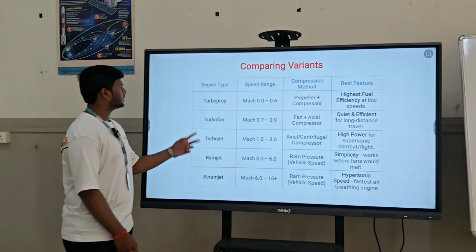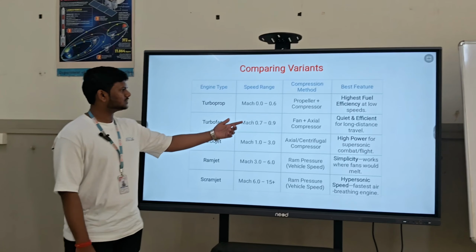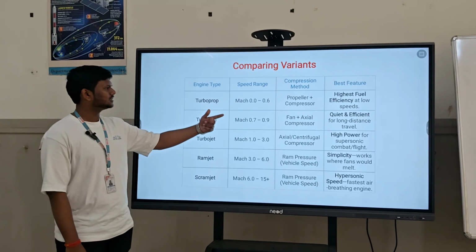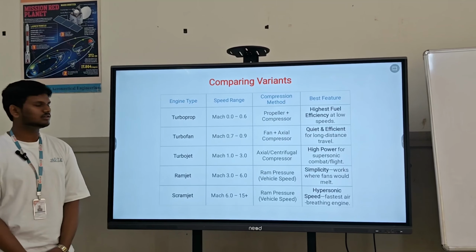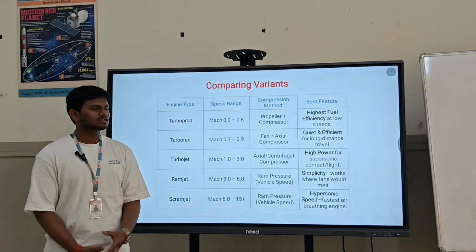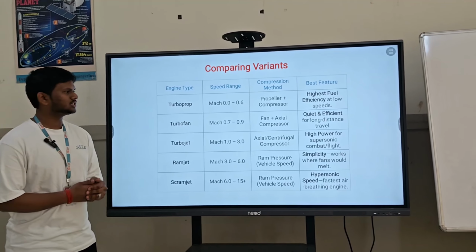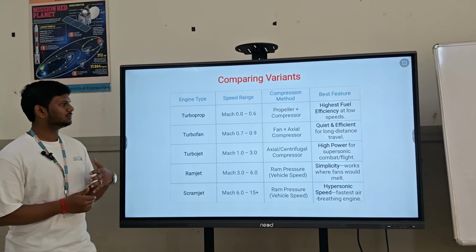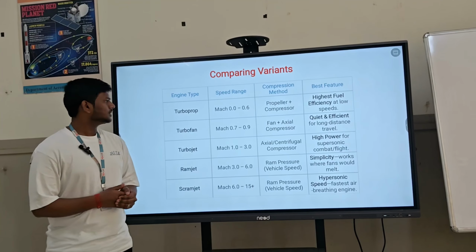In engine types, first we have the turboprop, which has a speed range of Mach 0 to 0.6, with a compression method of propeller plus compressor. Its best feature is the highest fuel efficiency at low speed, so it can be used mostly in commercial aircraft.